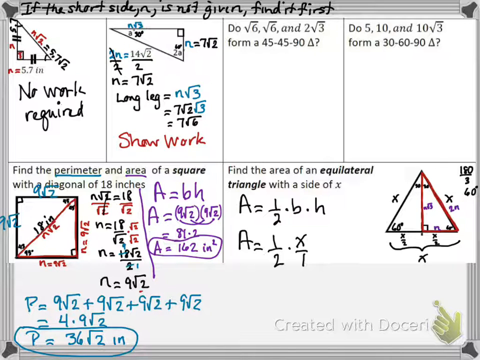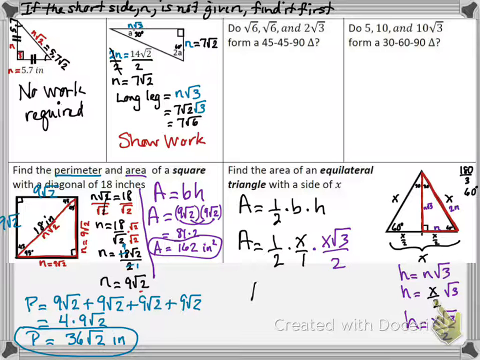I need to find the height, and the height is my n root 3. So if my height is my n root 3 side, and I know that my short leg is x over 2, then I would have to say my height is x root 3 over 2. I'm going to put that up here, x root 3 over 2.